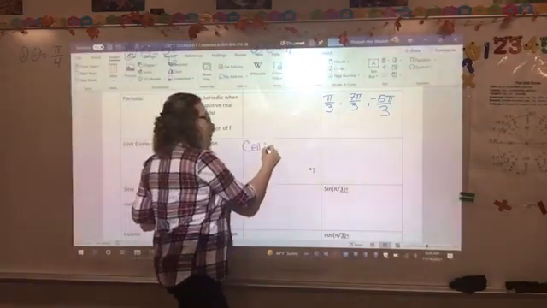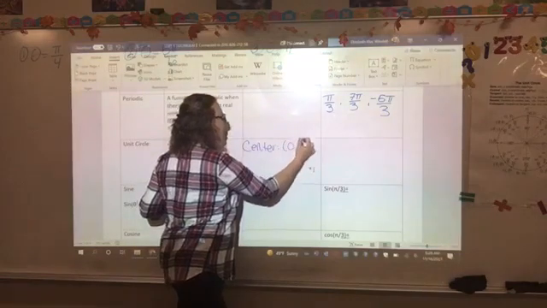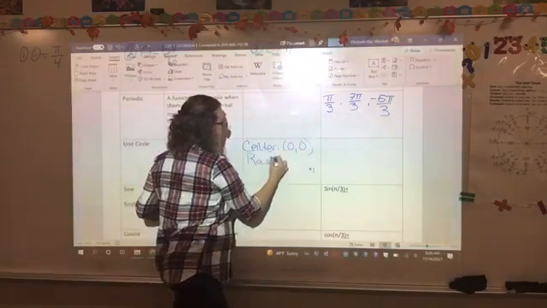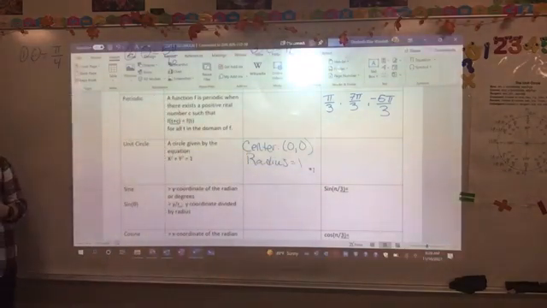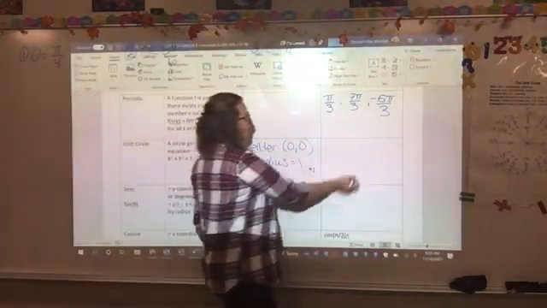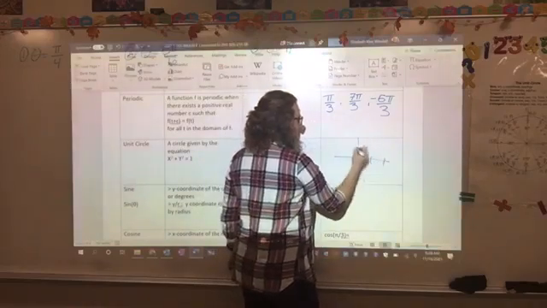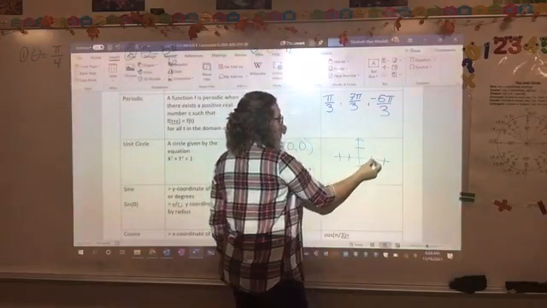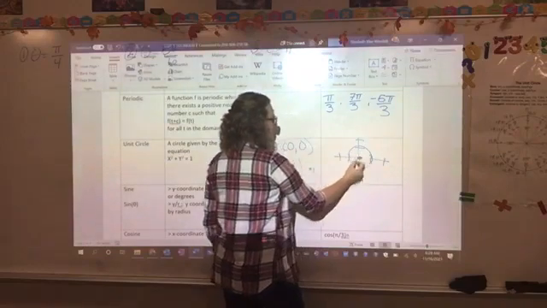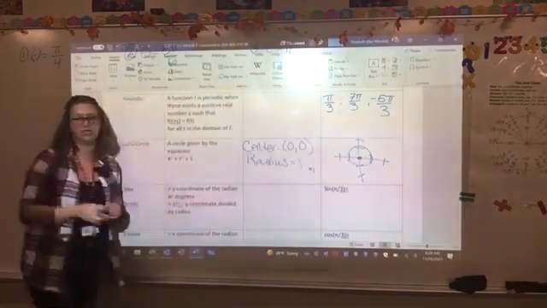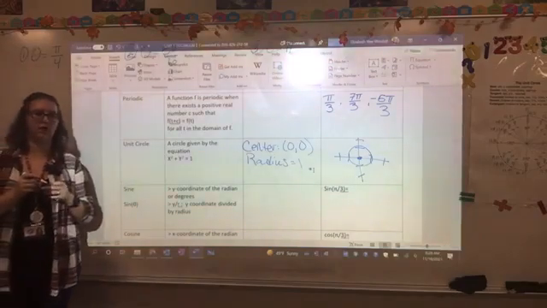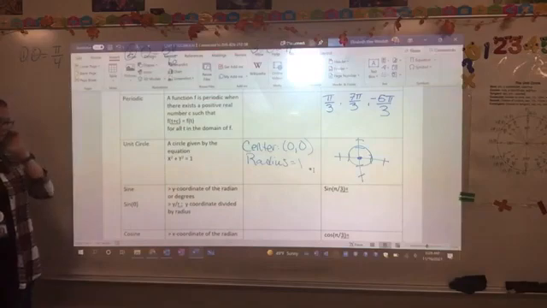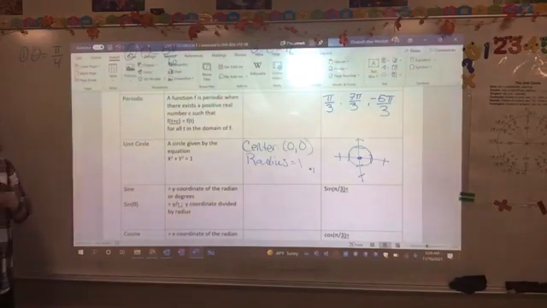It has a center at 0, 0 with a radius of 1. So that would be your circle, center at your vertex, out 1 and around. Questions on those 2 vocab terms?